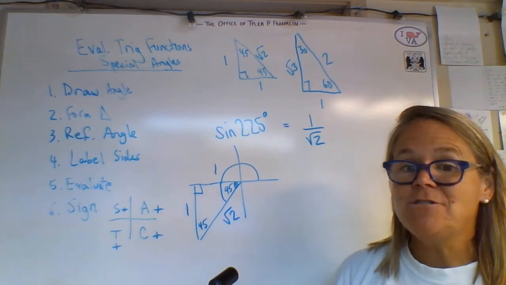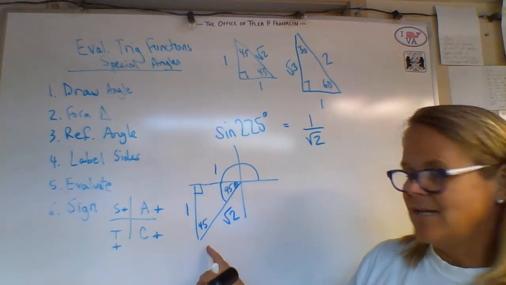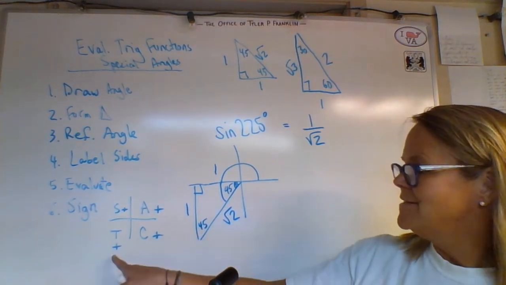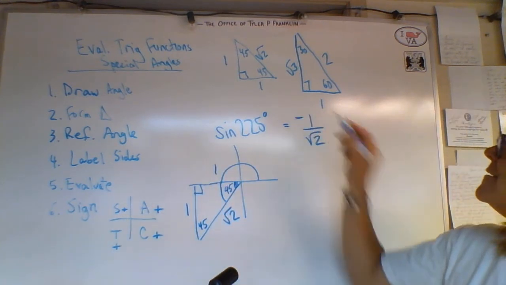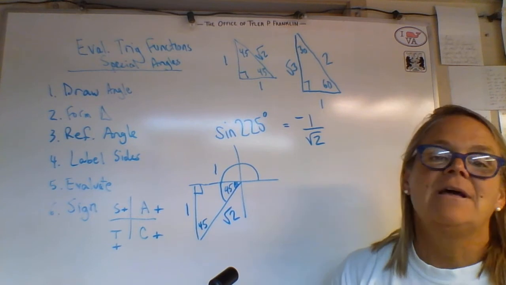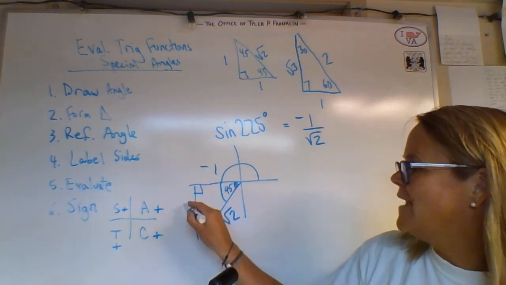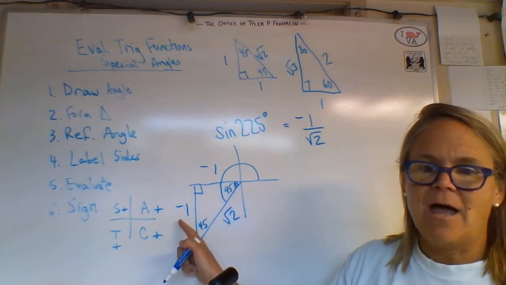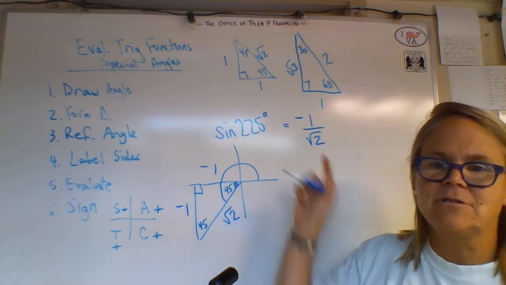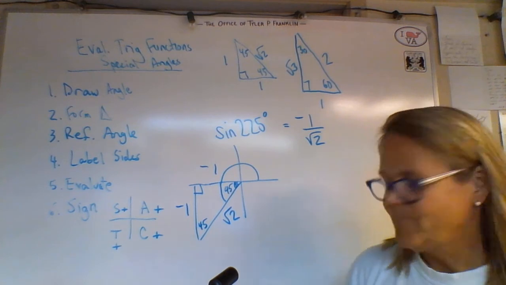What sign should it be? It's in quadrant 3. Tangent is positive. I did sine, so it's negative. Again, if you wanted to label your sides, it's still going to come out negative. Opposite over hypotenuse. There's your sine.